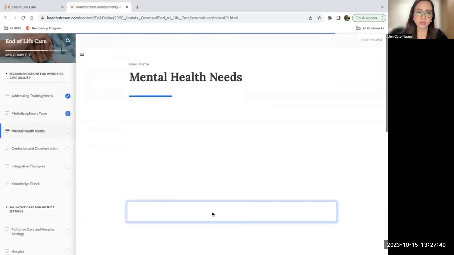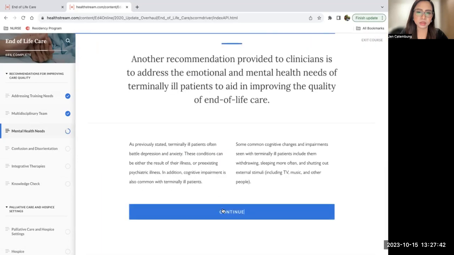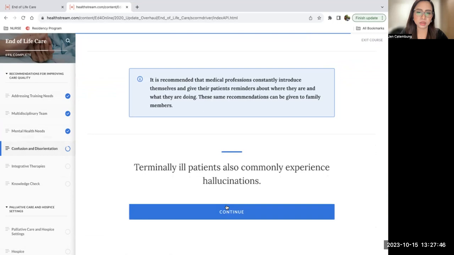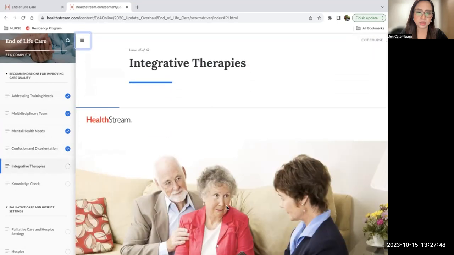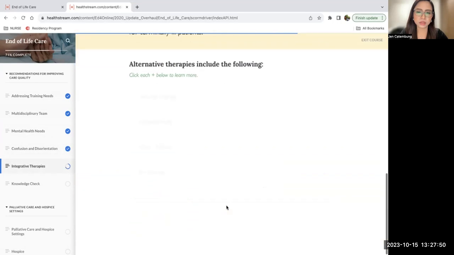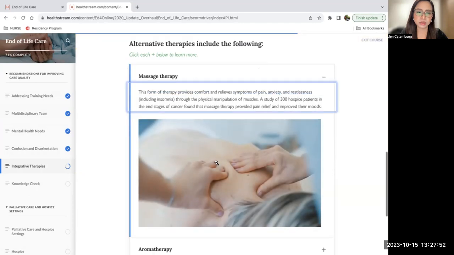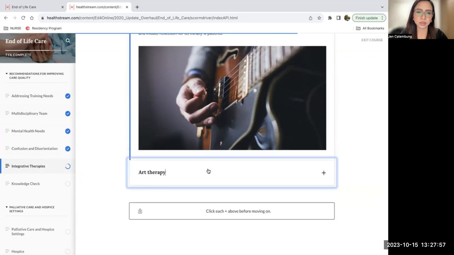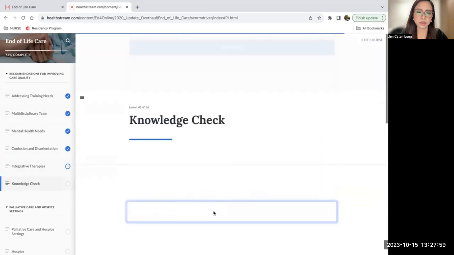Multidisciplinary team, mental health needs, confusion and disorientation, integrative therapies: integrative massage therapy, aromatherapy, music therapy, art therapy.